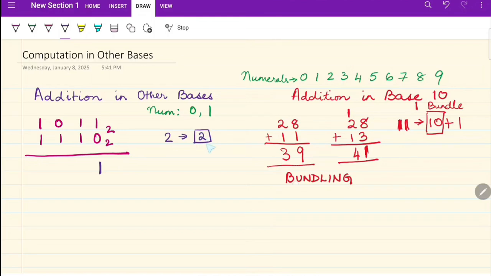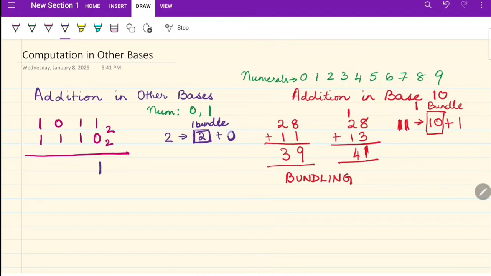So I have to form a bundle with the 2. So 2 can be written as one bundle of 2 and 0 other pieces, right? So think of this box as one bundle. It's one bundle of 2 that we are going to carry over.